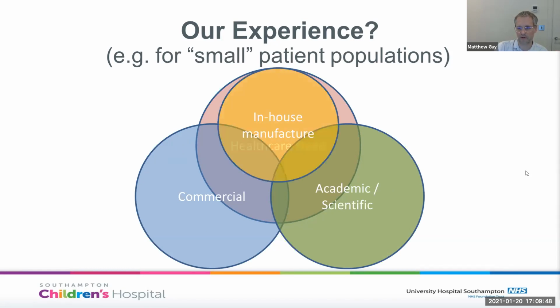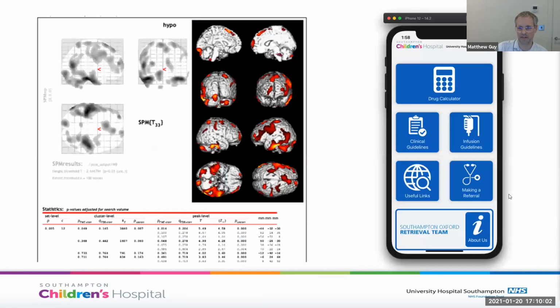And that's where historically in-house manufacture, in-house software development has attempted to fill that gap and deliver for that need. And it's done that in a variety of forms. Well, for us historically at Southampton, it's meant that we've ended up delivering everything from automating brain perfusion processing through to serving up drug calculators on an iPhone to be used in intensive care.